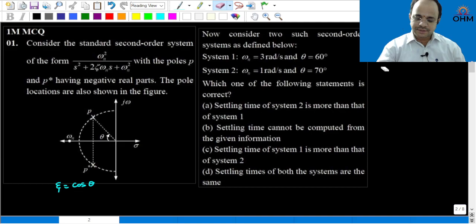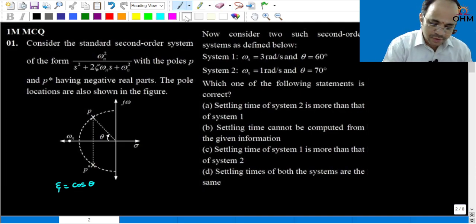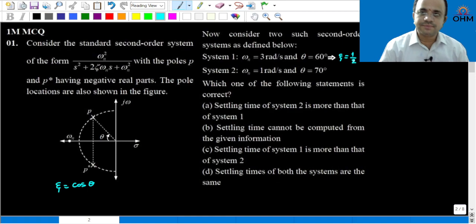So, in this system 1, you will get damping ratio is equal to 1 by 2. Next, for system 2, we will get damping ratio is cos 70 degree.